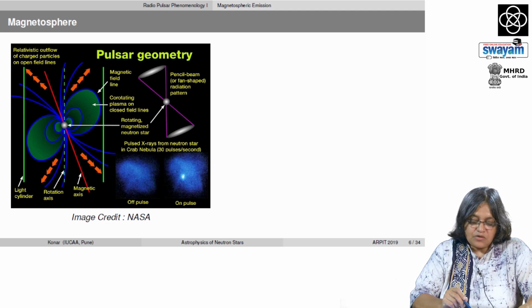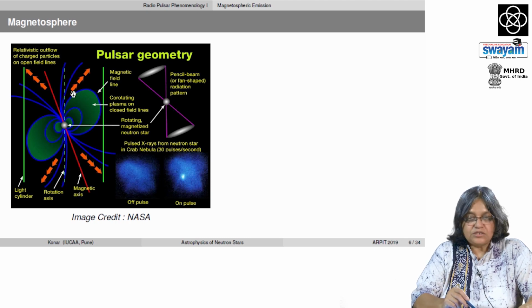Clearly, magnetic fields extended up to this light cylinder can co-rotate with the neutron star, but magnetic fields which would go beyond this light cylinder radius would not be able to co-rotate, and they are called the open field lines along which particles can stream around.